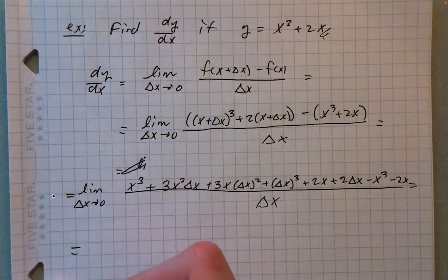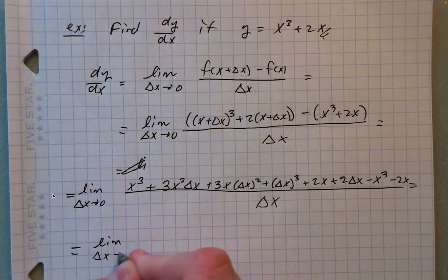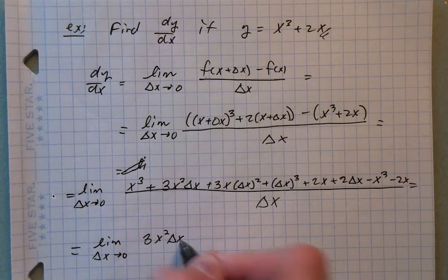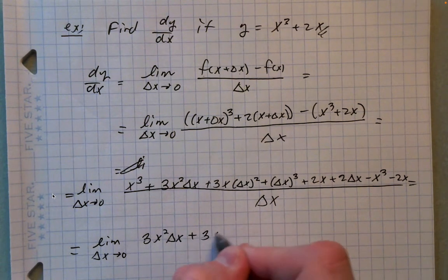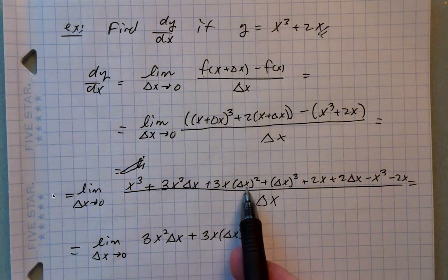Okay. And now here's where a lot of the cancellation is going to come into play. After you've done all the cancellation, you should get something that looks like this. You get 3x squared delta x plus 3x delta x squared, so these two stick around.